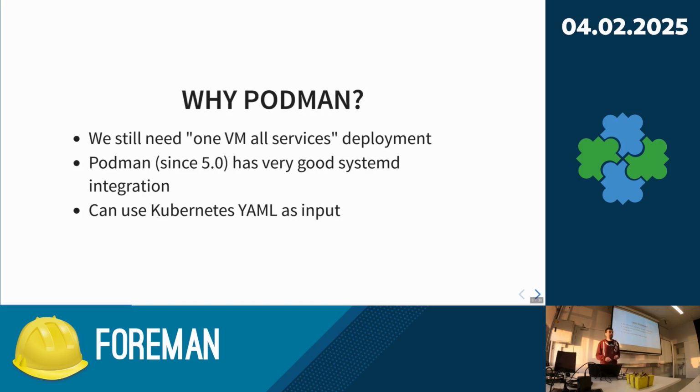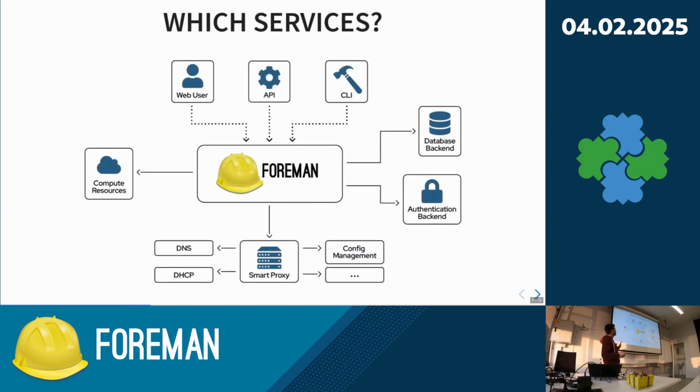All right, so let's see what we will have to dissolve from a Foreman system. I hope everybody has sometimes seen this nice picture from Dirk, which describes the whole Foreman as we sell it, or how we show it to everybody: there are users, there's an API, there's a CLI interface.